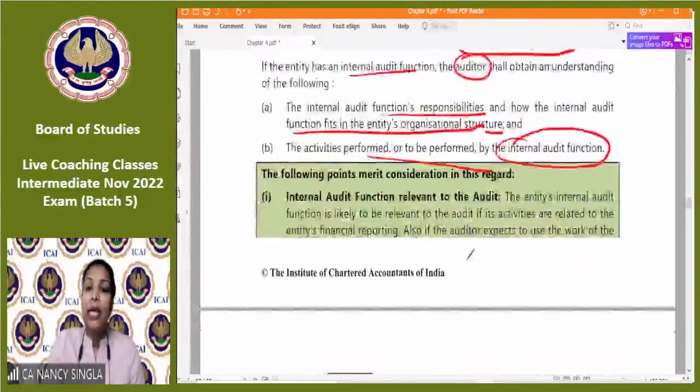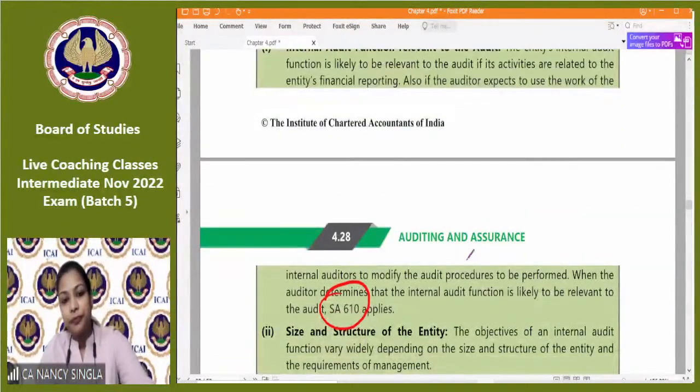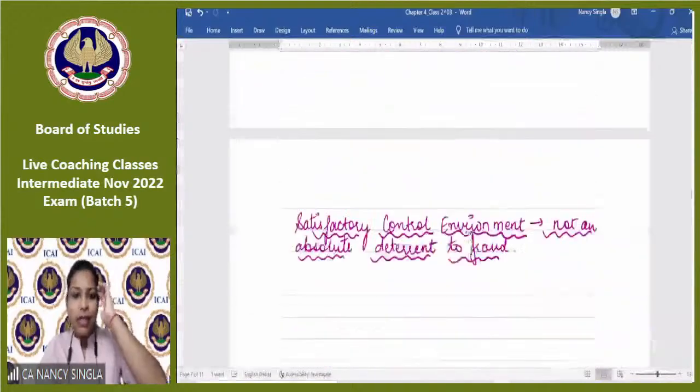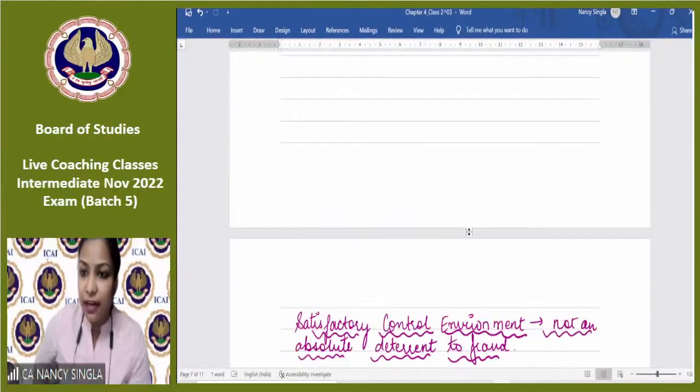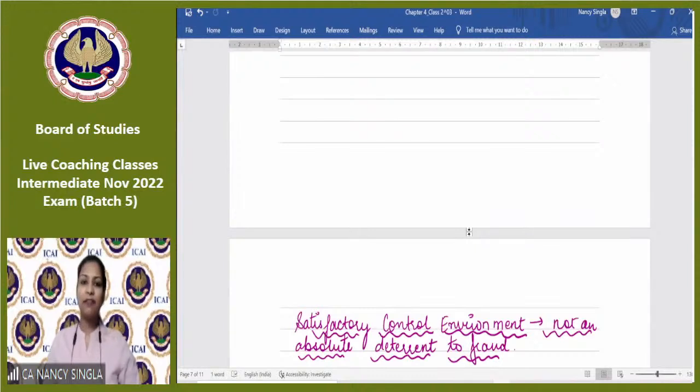Okay? Now a very important topic. Tell me, when there is a satisfactory control environment, what is the control environment? We have seen that management has created an environment of honesty and integrity in the organization, the philosophy of management, the participation of those charged with governance.